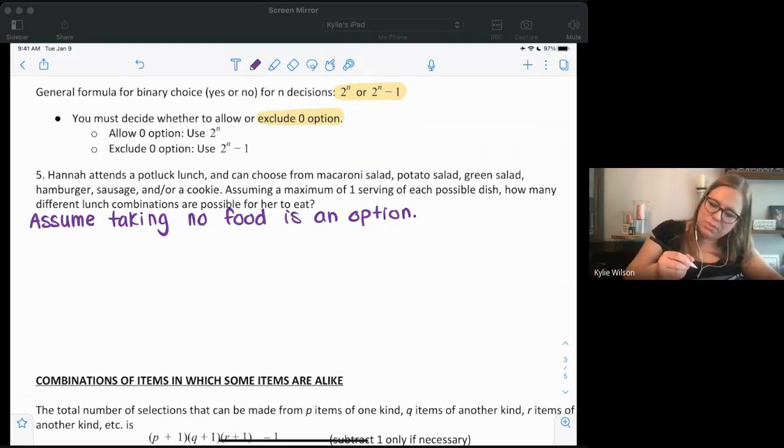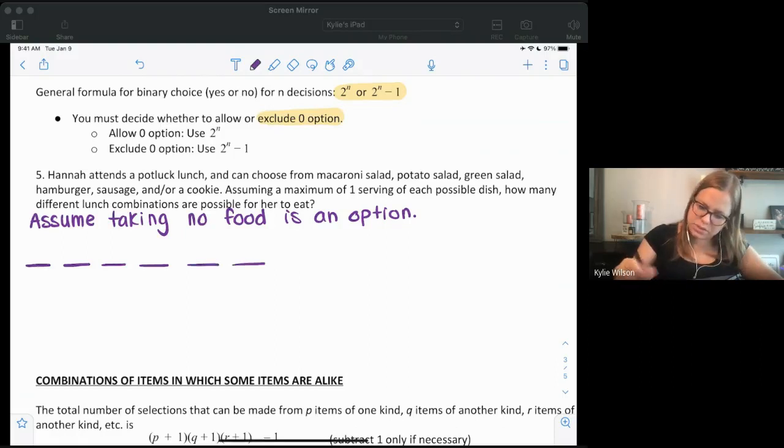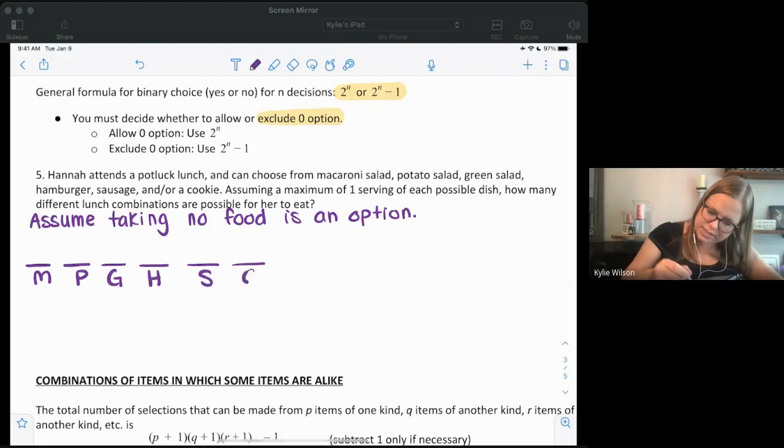So I'm going to look at all the foods individually. So we have macaroni salad, potato salad, green salad, hamburger, sausage, cookie. Is that everything? 1, 2, 3, 4, 5, 6. Macaroni salad, potato salad, green salad, hamburger, sausage, and cookie.